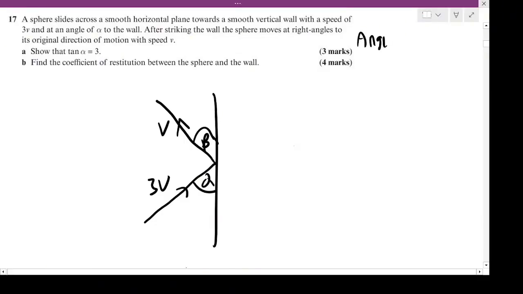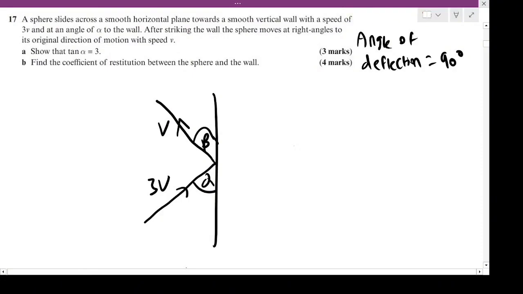So it's saying the angle of deflection is 90. Okay, hopefully you can see that there. So it's talking about how much the sphere changes direction by. It changes by a right angle, 90. Hopefully happy with that. That's what they like to do. They like to add a bit of complicated trig by using the angle of deflection.